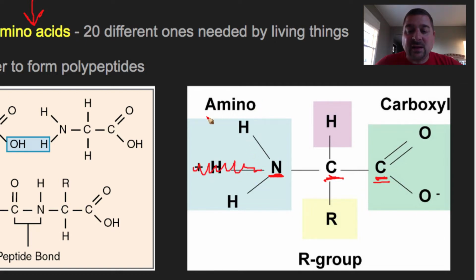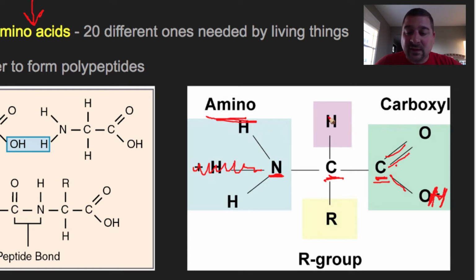We call that an amino group. The other side has a double bonded oxygen, and then another oxygen here, often represented with an OH group. This one just has lost its hydrogen here. That's called a carboxyl group or carboxylic acid. So you have amino group, carboxylic acid group, amino acid. See where that comes from?